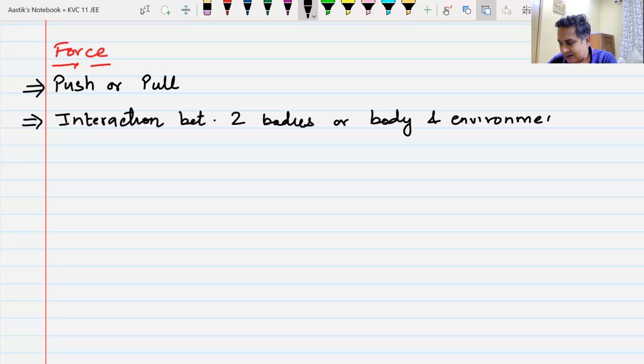So the very necessary condition for a force to exist is that there must be two things. The first thing will experience force. The second thing is the thing that exerts force. So there must be someone who exerts force and there must be someone who experiences force. Whenever two bodies are interacting with each other, interacting means they are influencing each other.